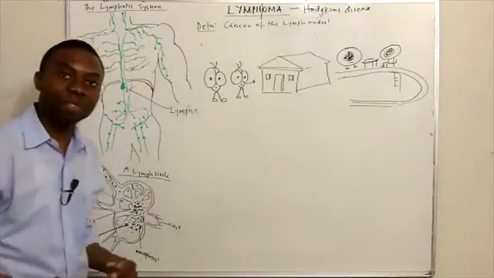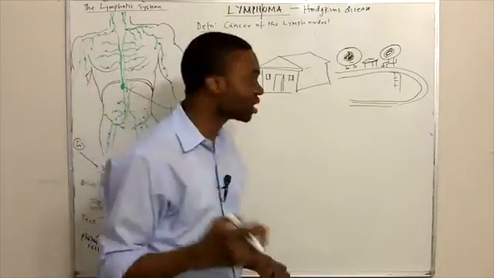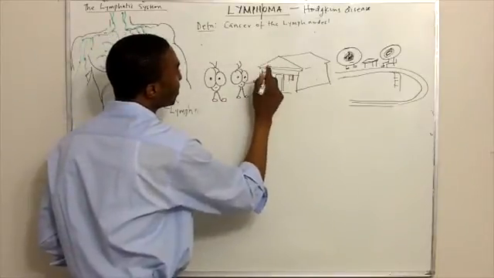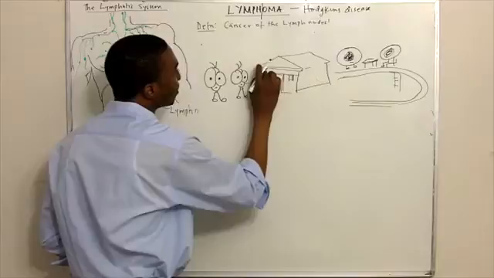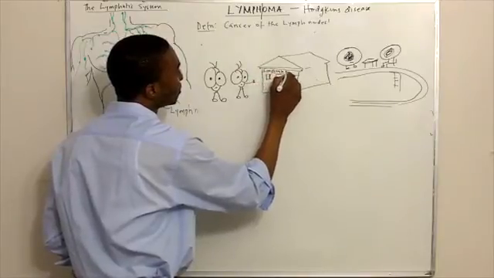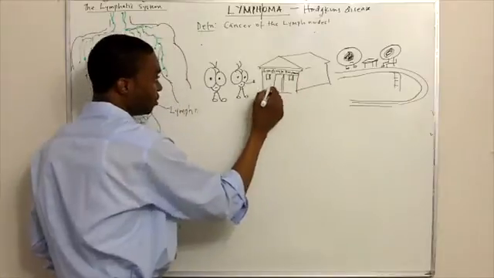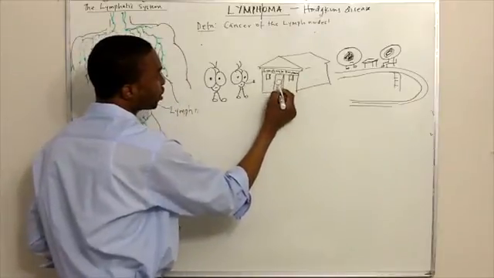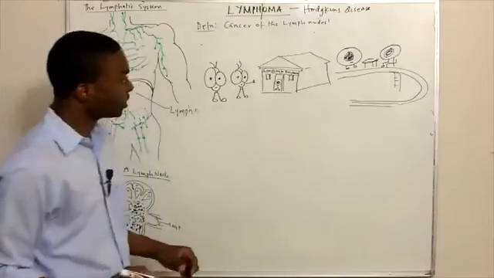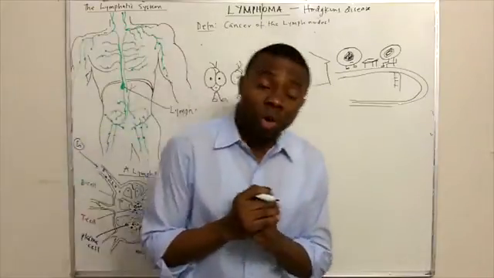So the Reed-Sternberg cells knock on the door. They heard about the pool party, and remember, this is the lymphocyte residence. They knock on the door, and a B cell shows up. It's like, how can I help you? They said, oh, we're just walking by.